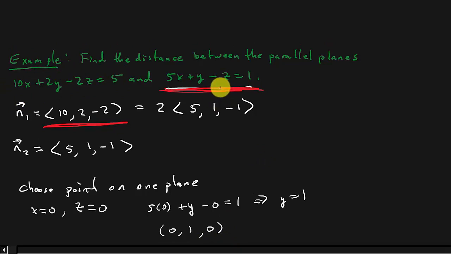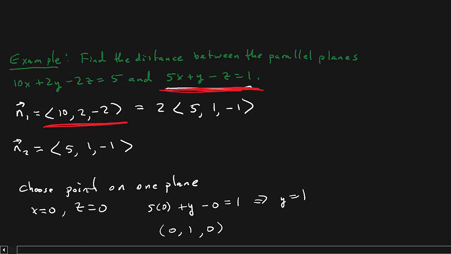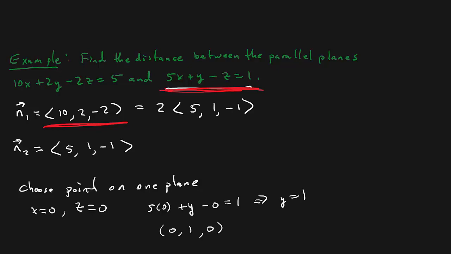If I had found a point on this plane, then I would have had to plug it into this one. Okay, so does everybody see that? It's the point you choose. You get a point on one of the planes, and then you take that point and put it into the other plane.